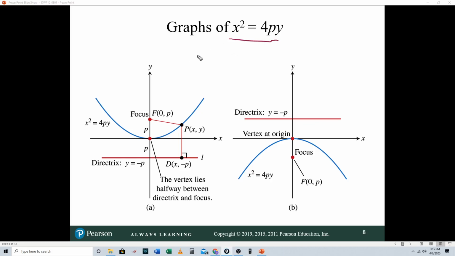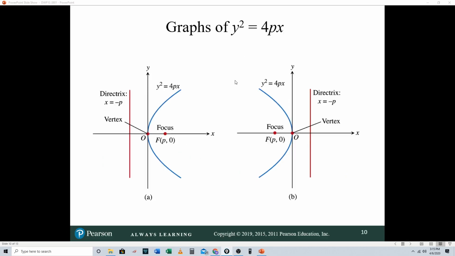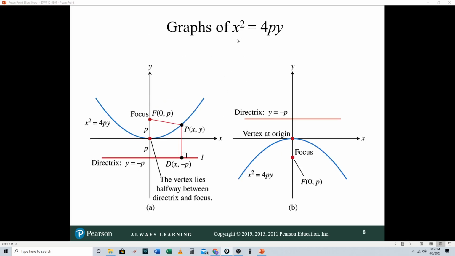Very important. If it was opening horizontally, let's see if that's going to be on here. Yeah, see, there you go. If it opens horizontally, it'll be y squared equals 4px. So the difference is, if it's y squared, it's opening horizontally. If it's x squared, it's opening vertically.